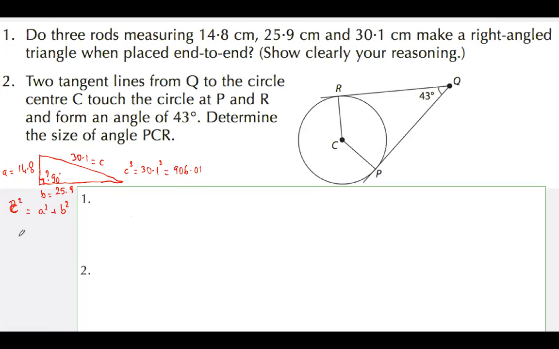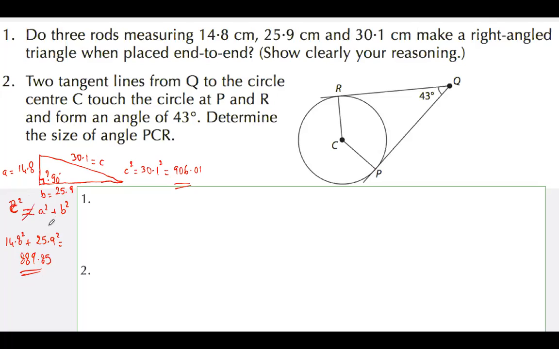Now I'm going to do A squared plus B squared, so 14.8 squared plus 25.9 squared, which is 889.85. So are those two numbers equal? No.